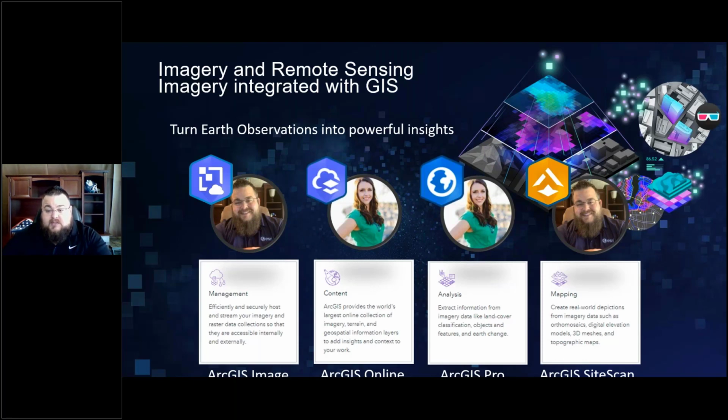Esri provides the largest online collection of imagery, terrain, and geospatial information layers. Analysis. Using ArcGIS to extract information from imagery like land cover classifications, objects, and features, as well as change detection. And mapping. Being able to create real-world depictions of imagery, such as orthomosaics, digital elevation models, 3D meshes, and topographic maps.